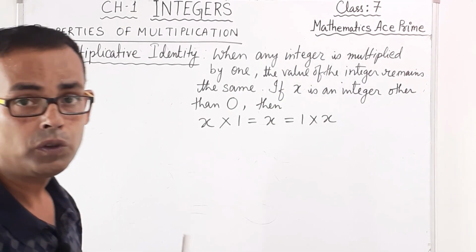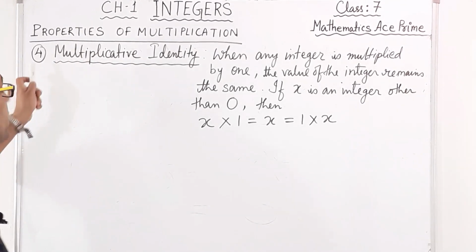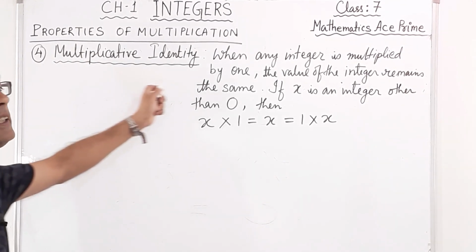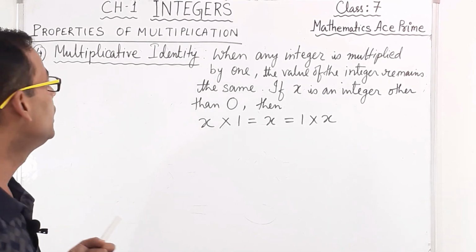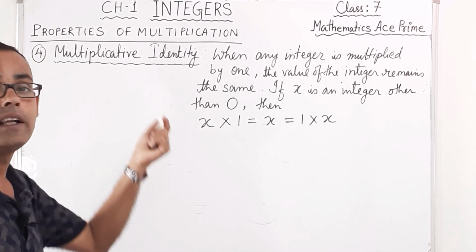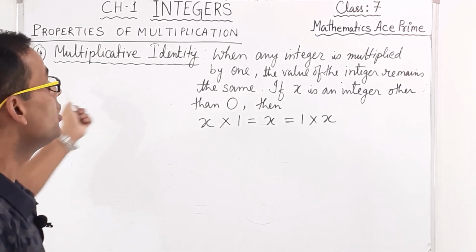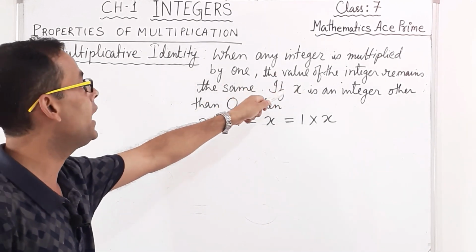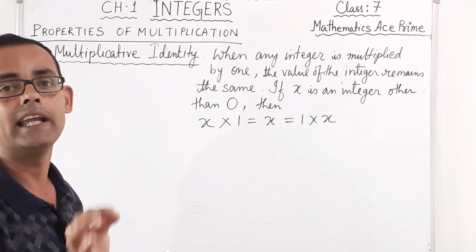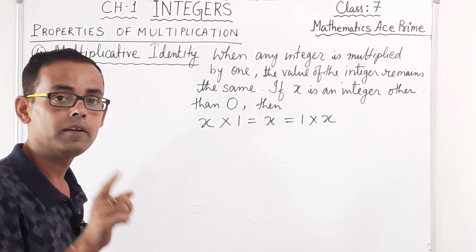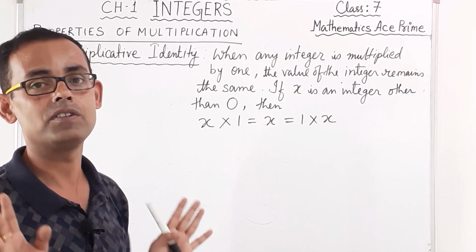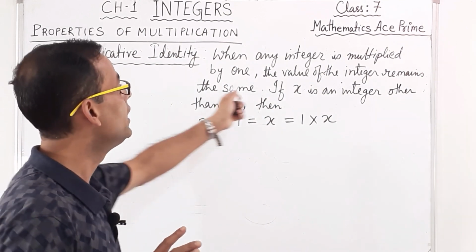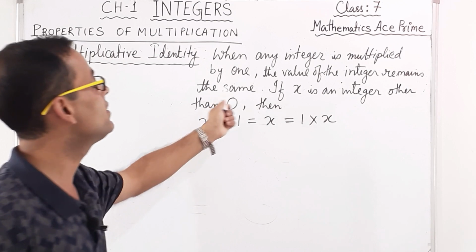Clear? Now the next property, that is the fourth property, multiplicative identity. When the word identity comes, we have to understand that it is 1. That means when any integer is multiplied by 1, but here be careful, any integer except 0, you cannot take 0, the value of the integer remains the same.